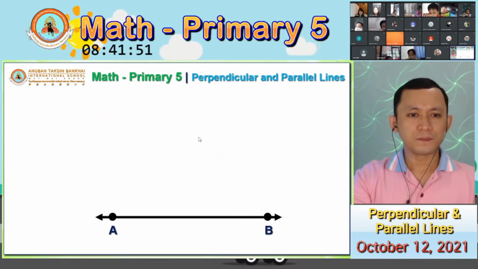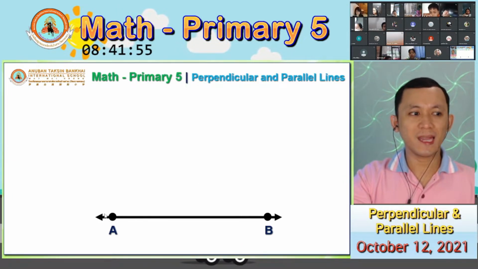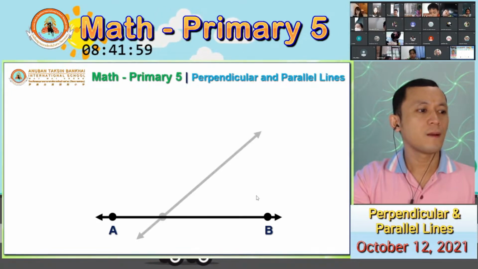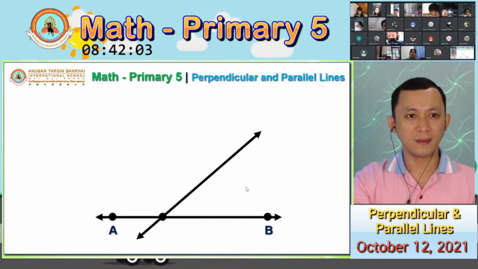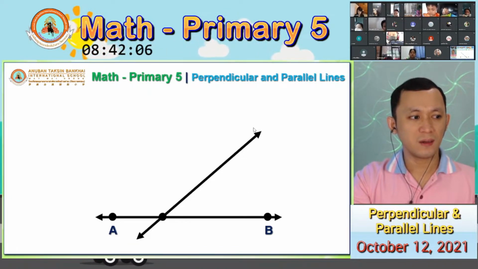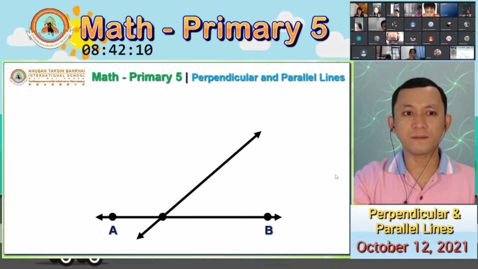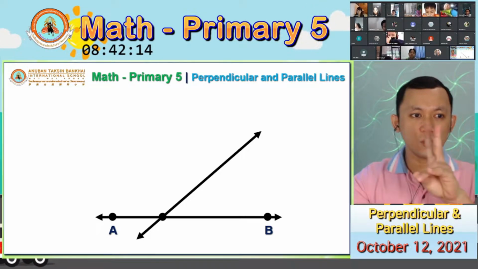Here we have a line, let's say line AB, or line BA, and here we have another line. How many lines do we have? 2. Very good, we have 2 lines.